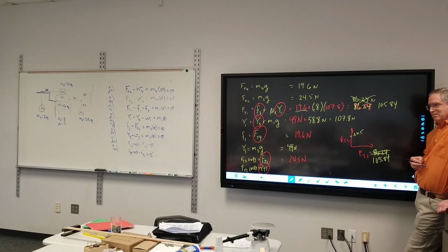To find the angle, you do arc sine and stuff. So since FT3 equals 108.6 newtons, we can take either FT3 cosine theta or FT3 sine theta. I'll do cosine theta.